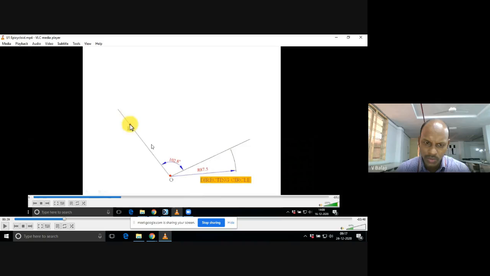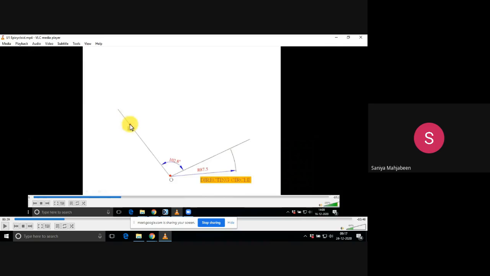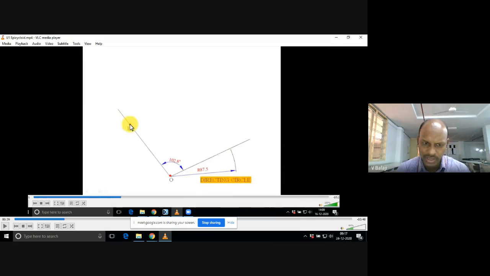Now, what is the rolling circle diameter or radius? 25 millimeters. Take your compass. You draw one circle. On the same line, if you extend OP further, on that extension line you take 25 distance.